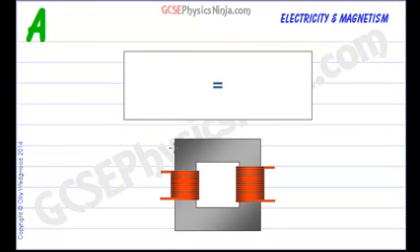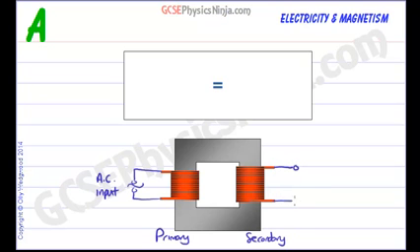So first of all, we just need to label this. This is the primary coil and this is the secondary coil. And we would link the primary coil to the input AC supply. So I put AC input, and our output would be on the secondary, and we can call that Vs, and we'll call the input voltage Vp.